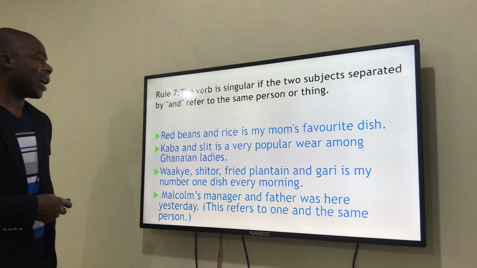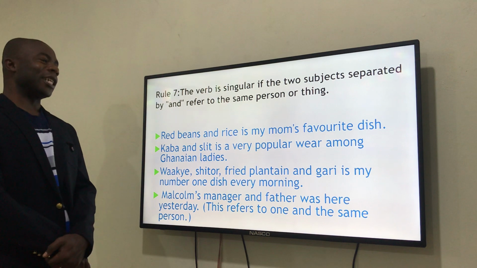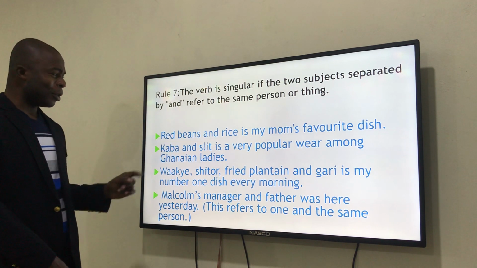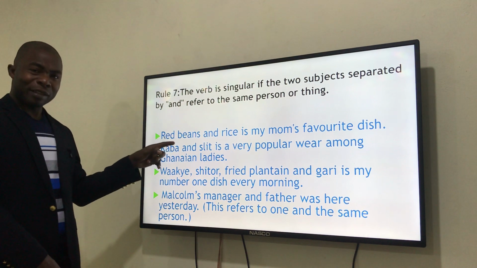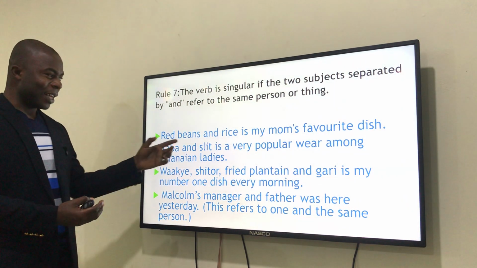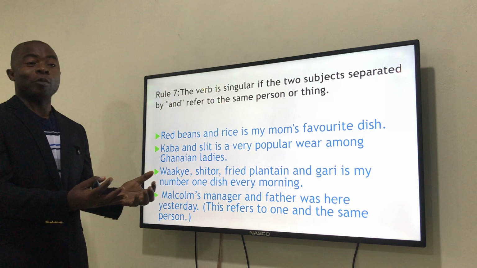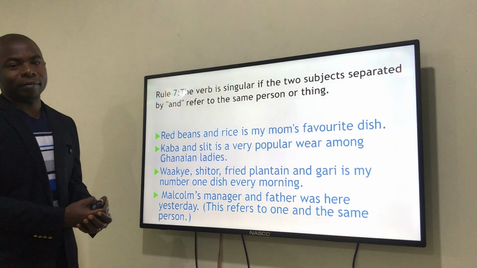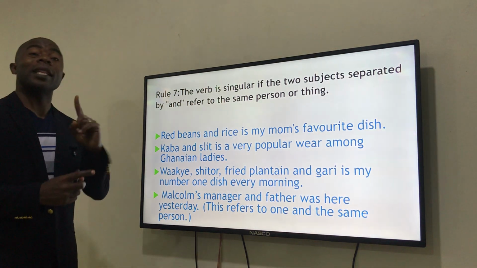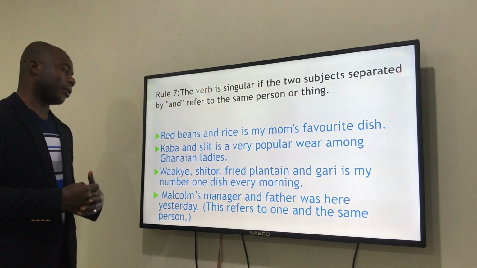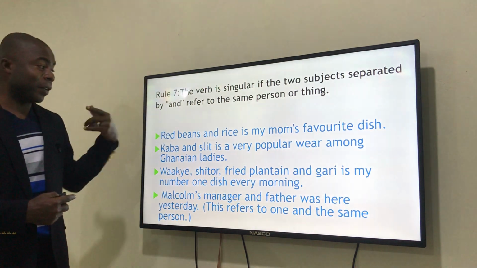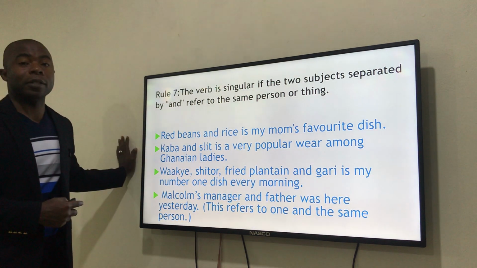So red beans and rice is my mom's favorite dish. Red beans and rice. Wow, red beans, even plural. But that's food. And rice, served as one food. So you don't say red beans and rice are, because it's looked upon as one thing, even though we have and joining, as you could see physically, two different subjects.